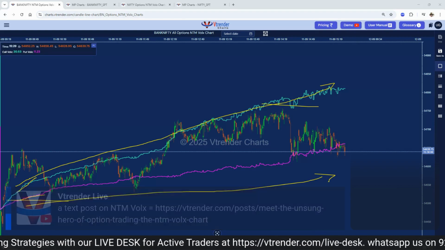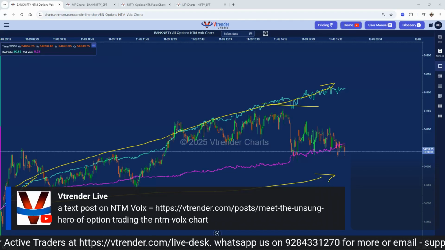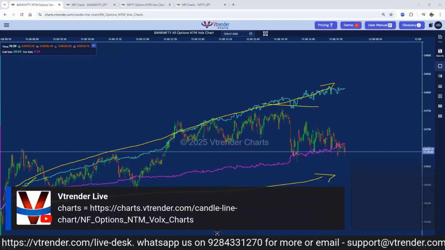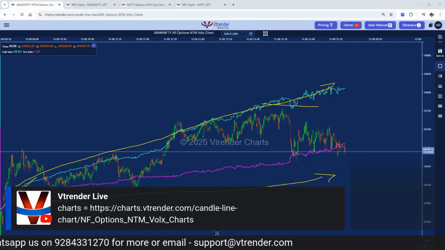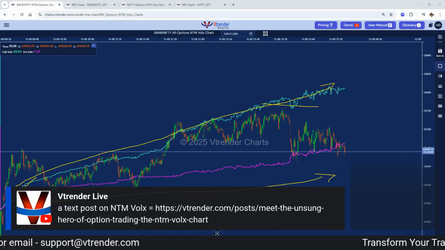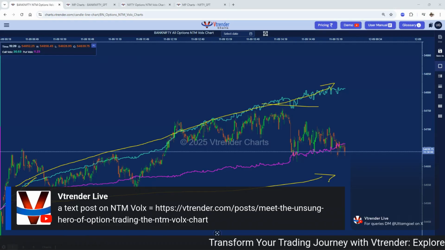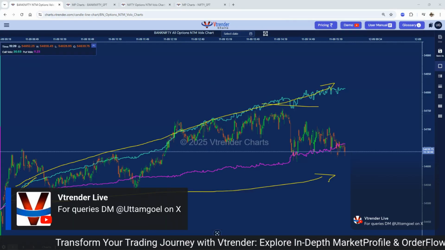We have shared the link, and we call it the unsung hero of option trading, the NTM VolX chart. We have explained in detail how you can use it, what the elements are, when the chart is showing the peak imbalance, and when you need to understand that the market is in control of writers. So it is better you wait for a better opportunity.